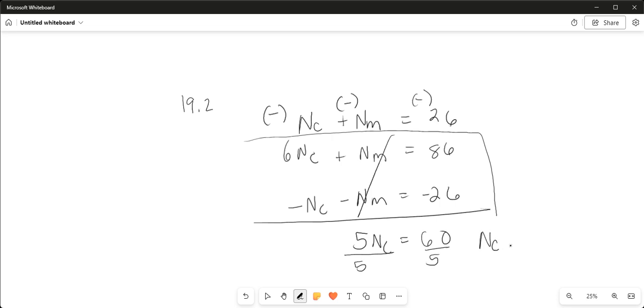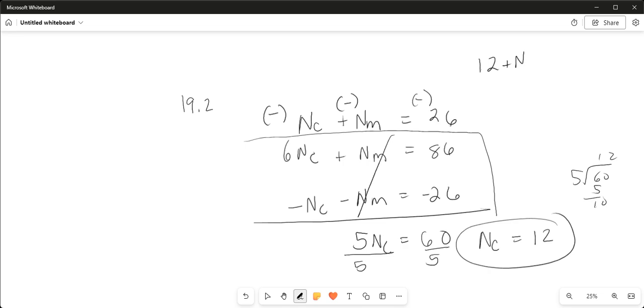So the number of codfish is going to equal, can't do it in my head, 12. Okay, and then I can put this back into my original equation. 12 plus NM equals 26. So this is 26 minus 12. So that's going to be 14 for the number of mussels.